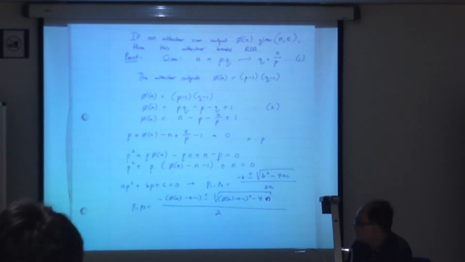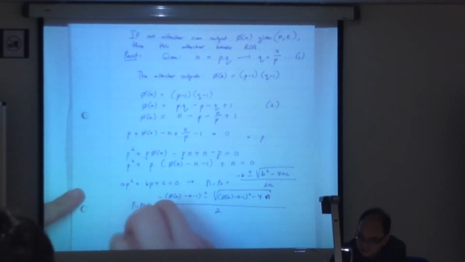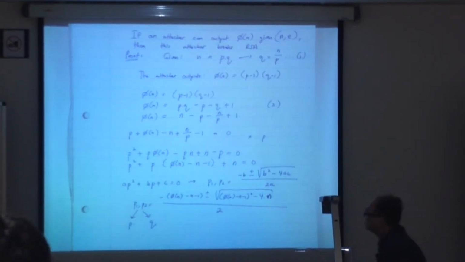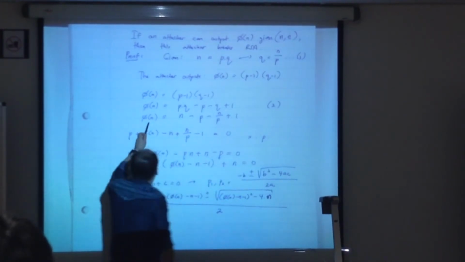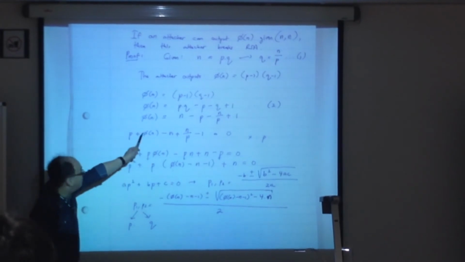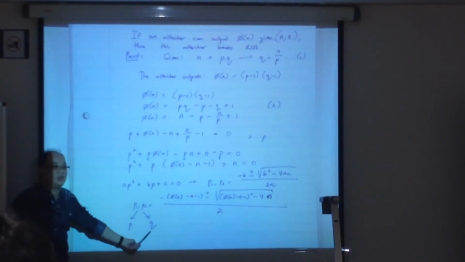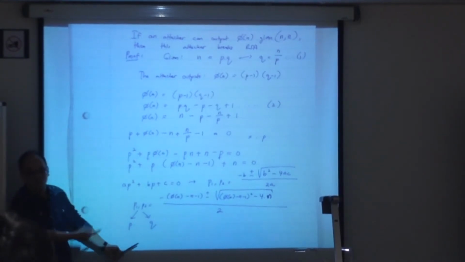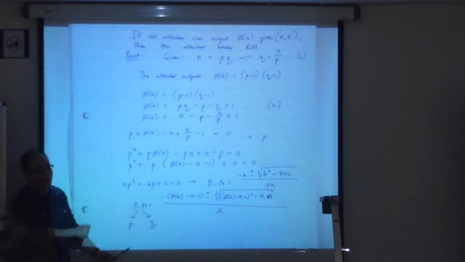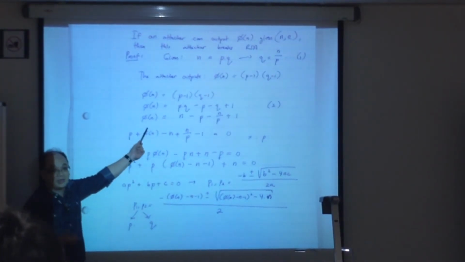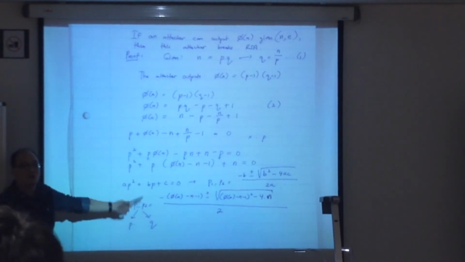If you ask me why there are two results, it's because one result is p, another result is q. So if there is an attacker who can output phi n given n, that attacker can actually factorize p and q. If this attacker can factorize p and q, according to the previous result, that attacker will be able to break RSA. That's why if there is an attacker who can output phi n from n, this attacker can break RSA. This is actually the proof.